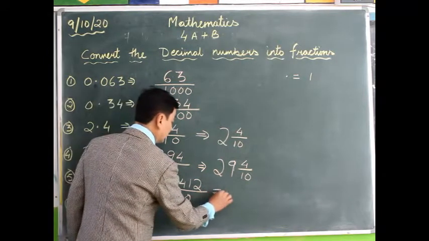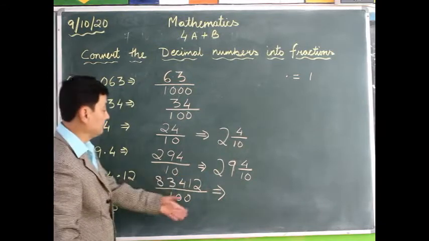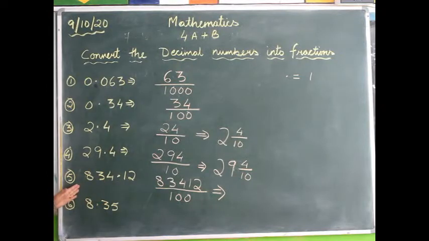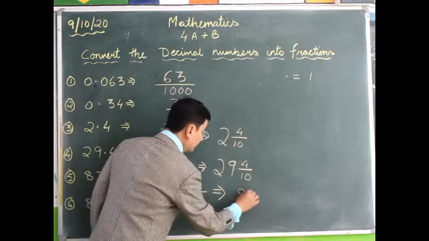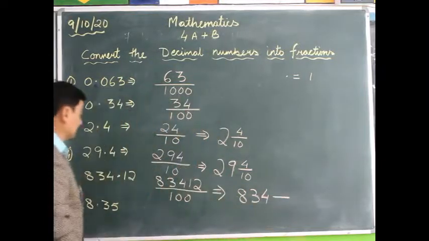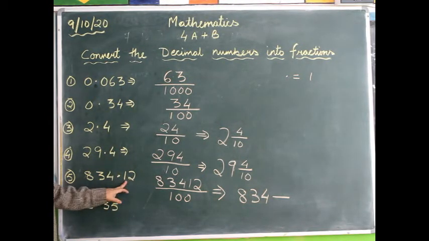So let's convert this. This is an improper fraction. Let's convert this improper fraction into a mixed number. Before the decimal point, what number do you see? 834. So 834 is your whole number. And after the decimal point, you can just read it as 12 hundredths, or you can do the point changes into 1 0 0.